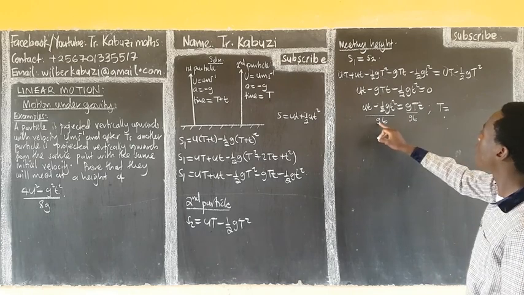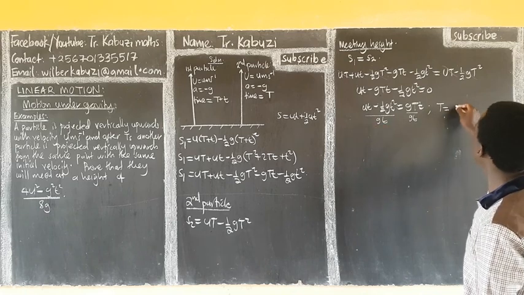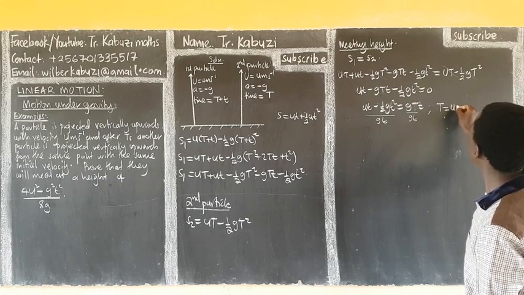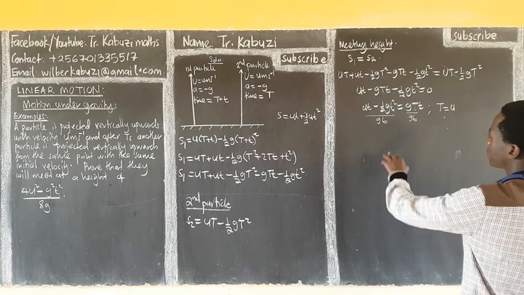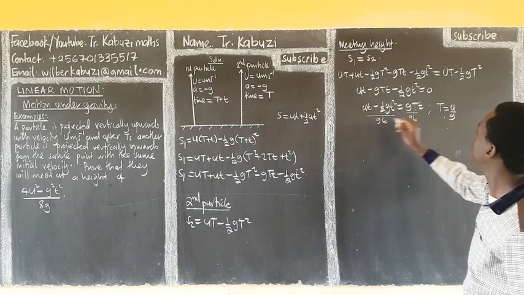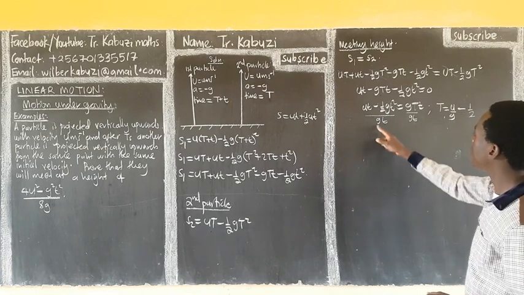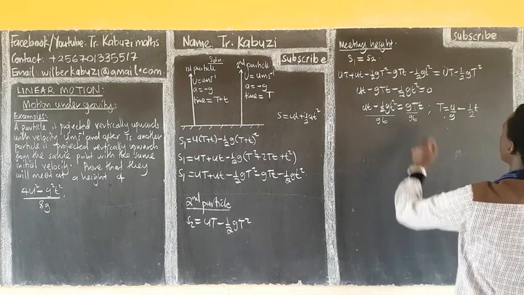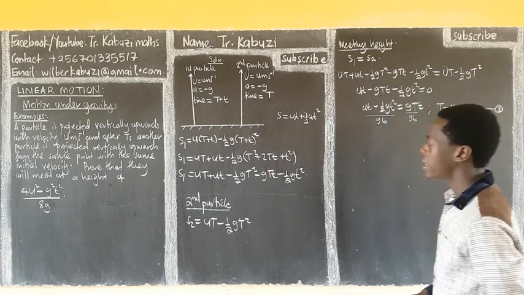This divides here, I'll be having u over d when this divides this, then minus when this divides this, I have a half, then this will cancel, then this minus on my t, this will cancel, then that will also cancel. That's my t. Now this is equation 3.